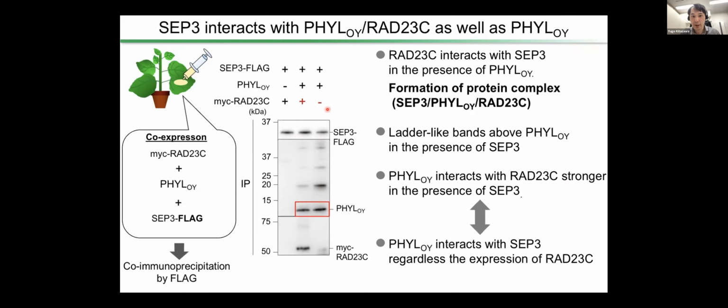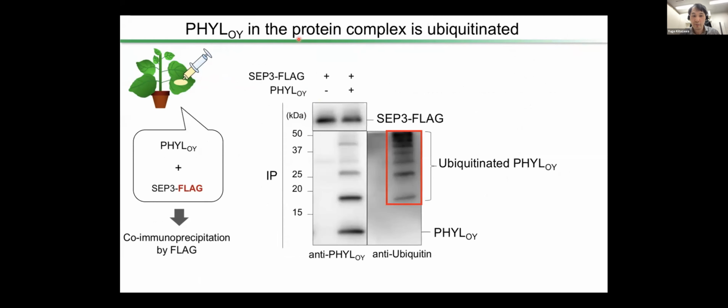On the other hand, regardless of the expression of RAD23C, PHYL1-OY interacts with SEP3 to the same extent, indicating that SEP3 interacts with the PHYL1-OY-RAD23C protein complex as well as with PHYL1-OY. Finally, we confirmed that PHYL1-OY in the protein complex is ubiquitinated. By detection using an anti-ubiquitin antibody, PHYL1-OY monomer was not detected, but the bands above PHYL1-OY were detected, indicating these were from ubiquitinated PHYL1-OY.